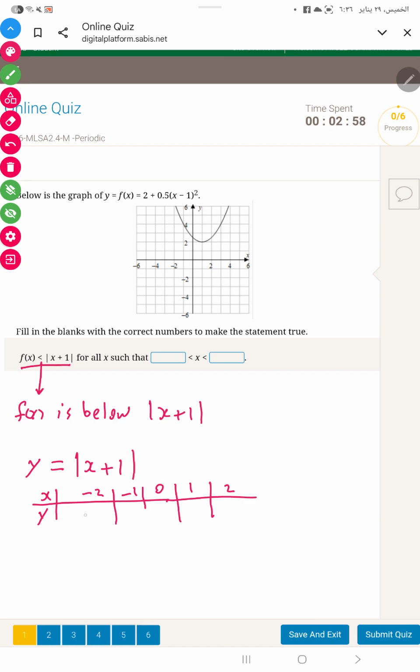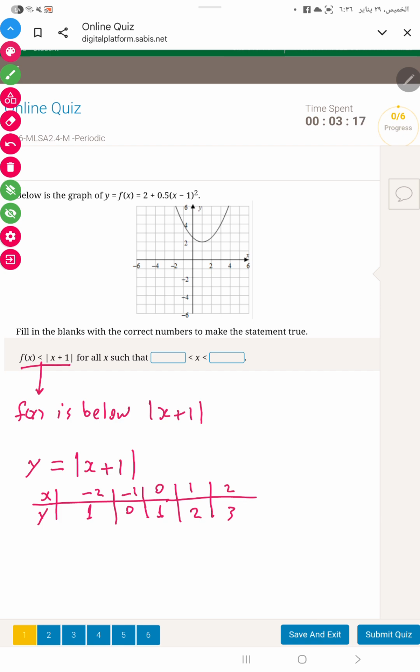When x is -2, -2 plus 1, you get -1. Absolute value will become 1. -1 plus 1, you get 0. 0, you get 1. When x is 1, you get 2. When x is 2, you get 3.